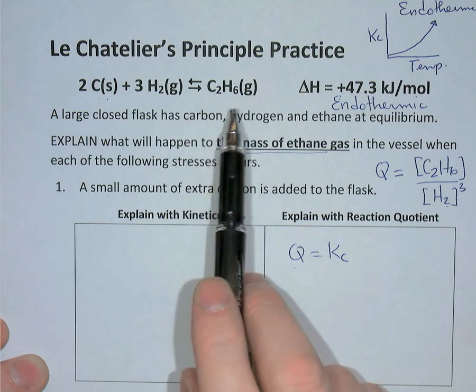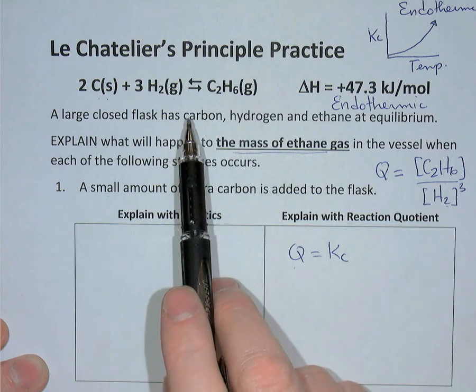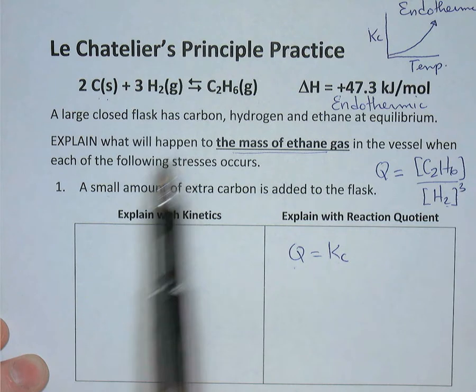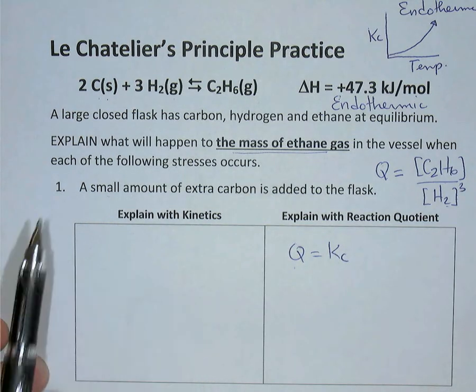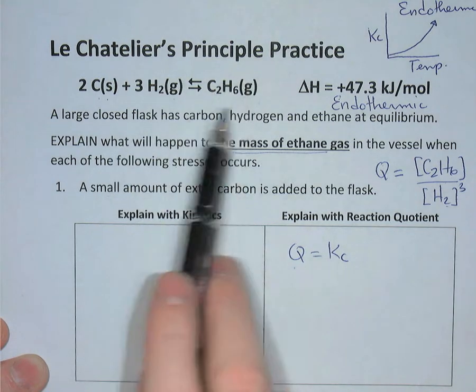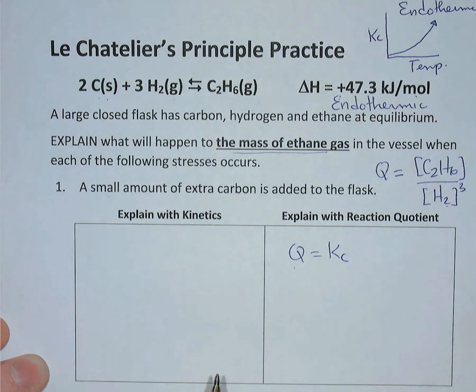So in that case, the reverse reaction would end up being faster, and you'd have a reverse shift. Okay? So in this case, heating it up increased the forward rate more than the reverse rate, so we ended up creating more ethane gas.